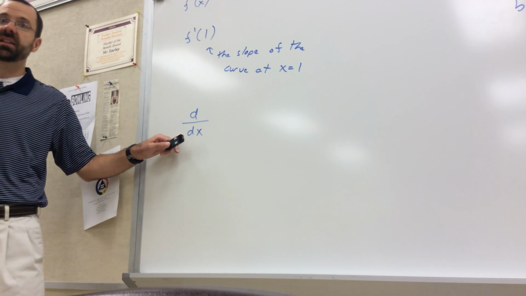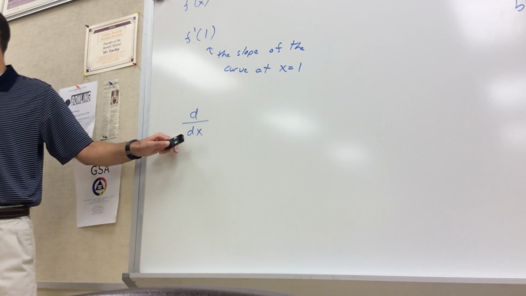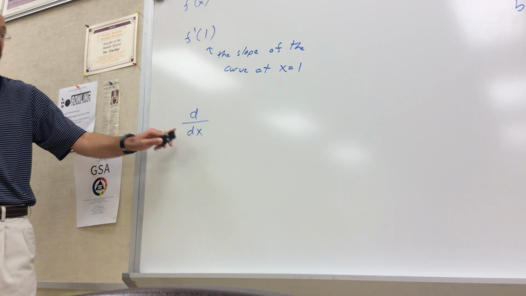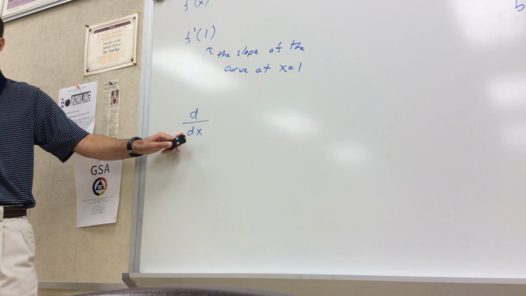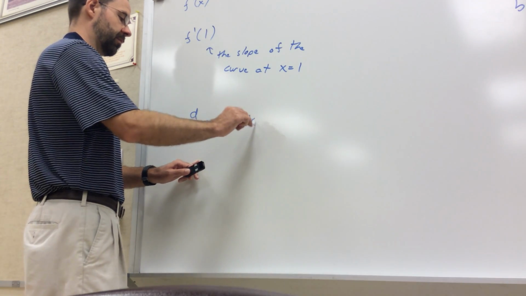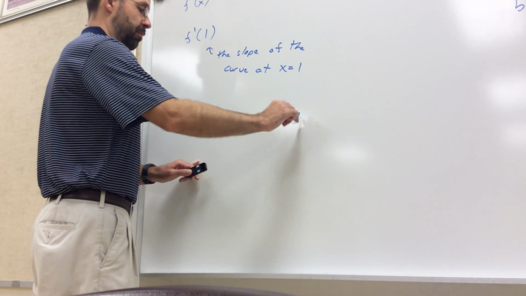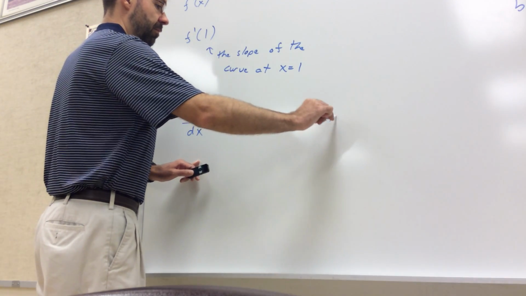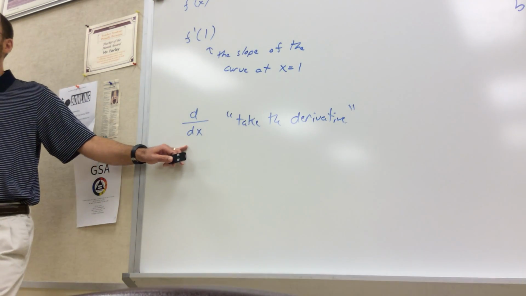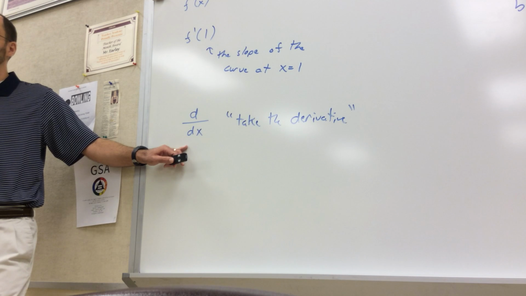Or a division sign is a command. It says take the two numbers and divide them. So this is a command. This tells you to do something. And this is the command, take the derivative. In other words, give me the derivative as your final answer.